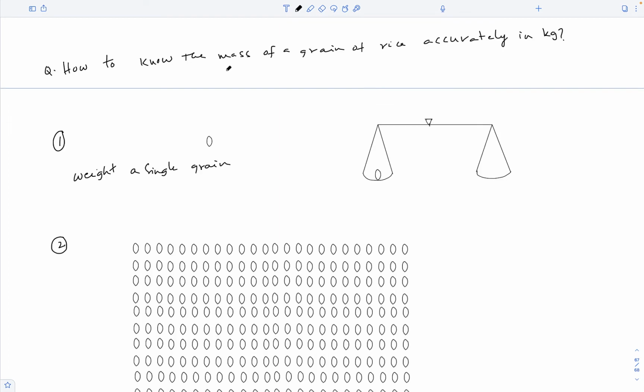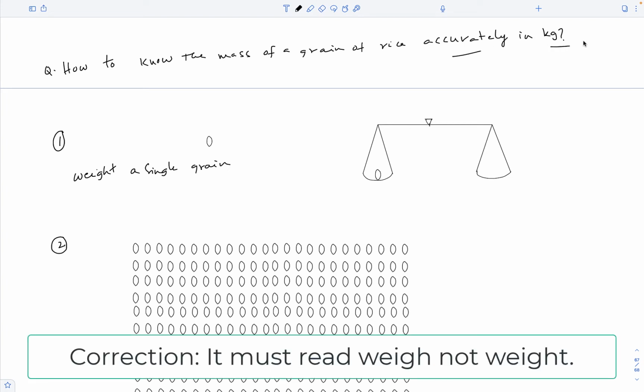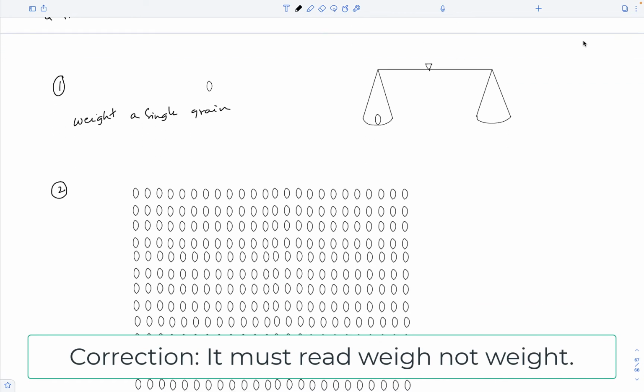How can we figure out the mass of a single grain of rice accurately in kilograms? I can think of two options. The first option is to take a single rice grain and weigh it using some kind of balance as accurately as we can. The second option is to take a large collection of rice grains, if they are all identical, and measure the mass of that collection using a balance as accurately as we can.